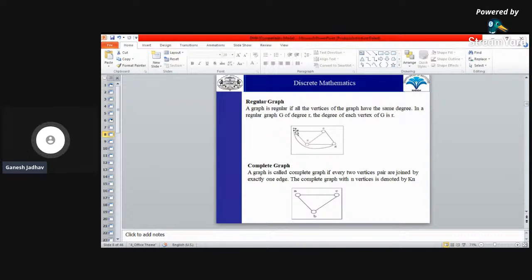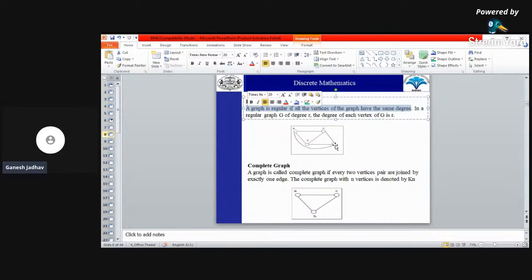So this is a regular graph, because the graph has the same degree at all vertices. So we can check: A has 3, C has 3, E has 3, and D has 3. Get it now? This is very simple.